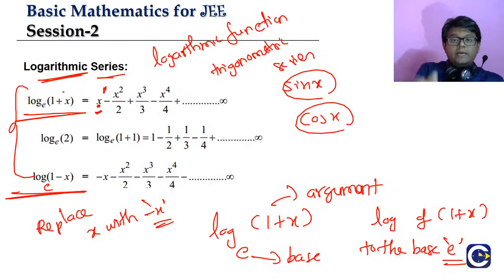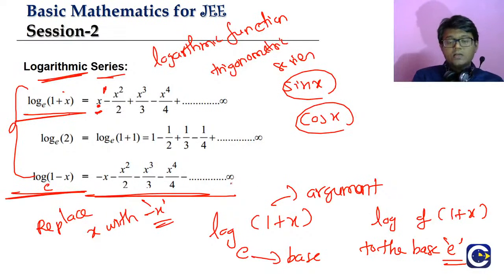If you multiply minus four times, it will again be plus. So the minus will appear only in the odd terms, because the odd terms have an odd power of x. Previously in the log of 1 plus x, the odd terms were all positive. But if you replace x with minus x, they are also going to become what?